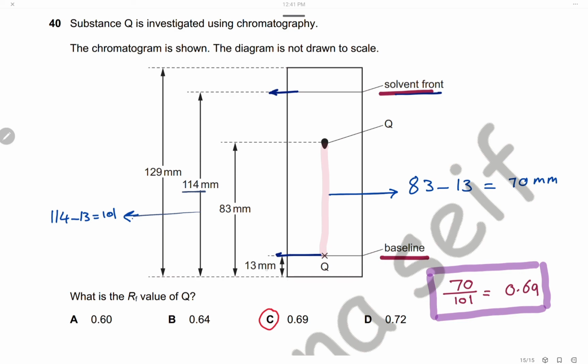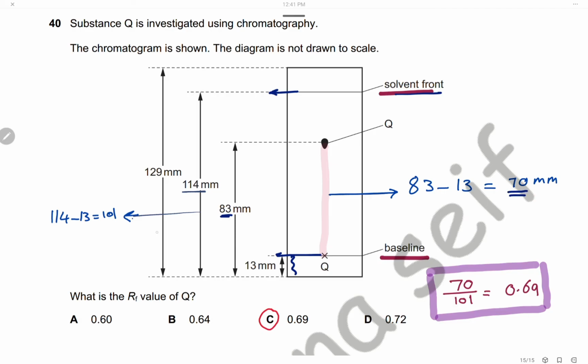So we have here the distance 83 millimeters moved from the starting point to the spot. We will subtract 13, because we need the distance moved by the spot from the baseline. 83 minus 13, so the distance moved by the spot is only 70 millimeters.